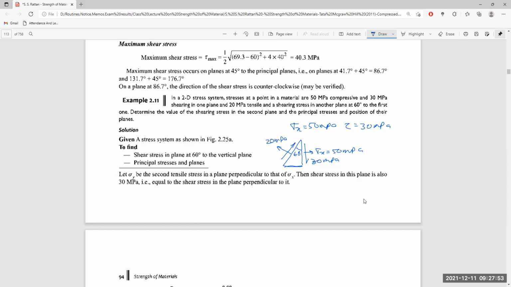Here we don't know the value of sigma y, and it is supposed to be 30 MPa to maintain equilibrium. Let sigma y be the second tensile stress in a plane perpendicular to that of sigma x. Then the shear stress is also 30 MPa because this is also 30 MPa.